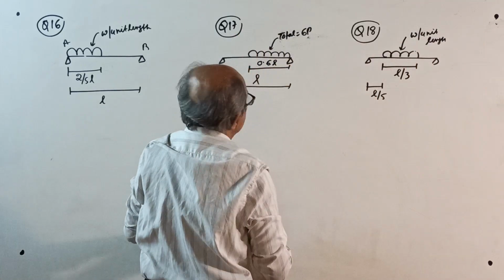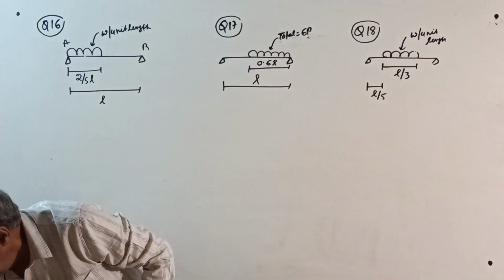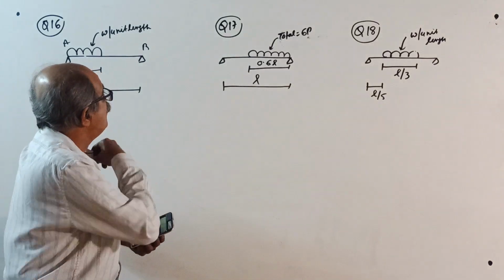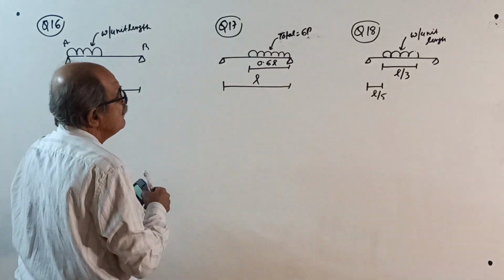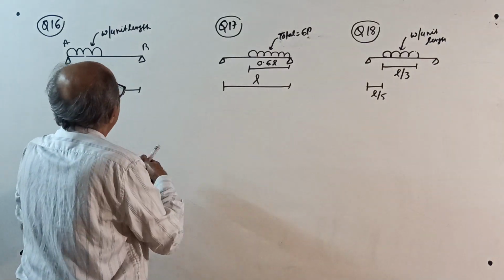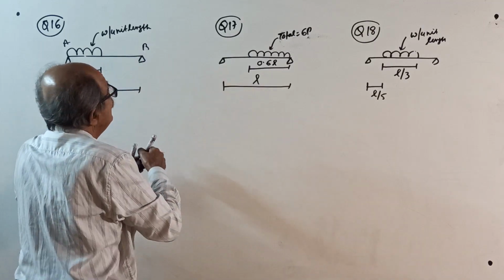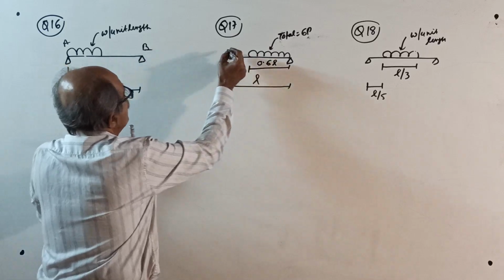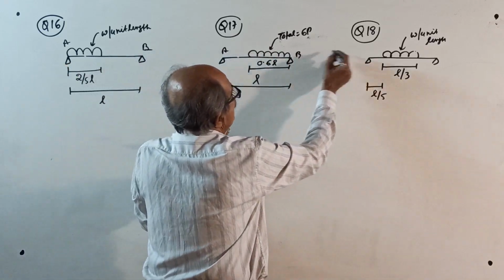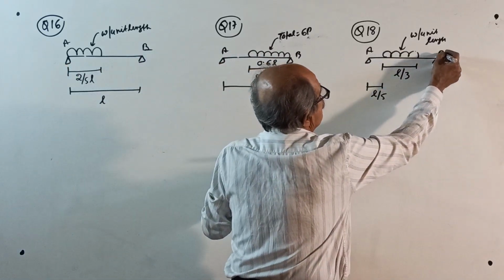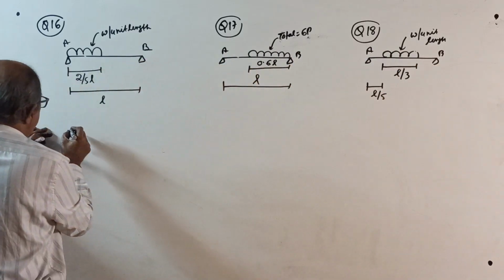Okay, now answer. AB, I forgot to write A and B everywhere. Actually not required. In future, if I forget, it means left side is A, right side is B. A, B. Okay. See here.